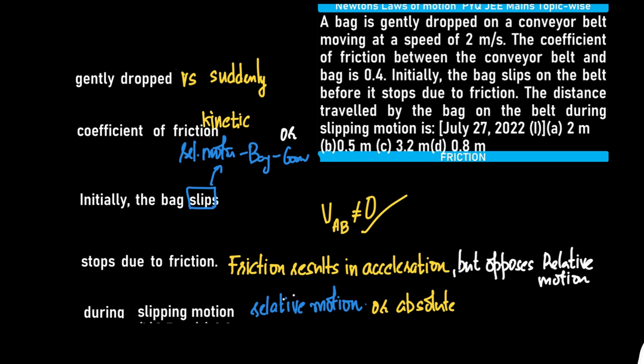Although it is resulting in acceleration, it will definitely oppose the relative motion. Now, what does slipping motion imply? Slipping motion implies that there is some amount of relative motion and not absolute motion. This will become more clear once we solve the entire question.